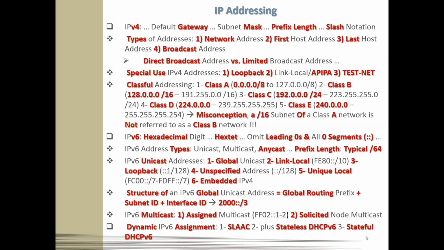For now, we have class A, class B, class C, class D, and class E. Class A starts from 0.0.0.0/8 all the way up to 127.0.0.0/8. This class A is such a waste of addresses. It was designed to support extremely large networks.